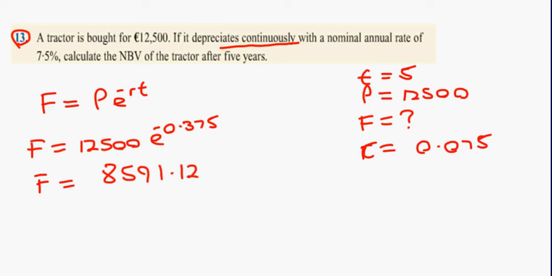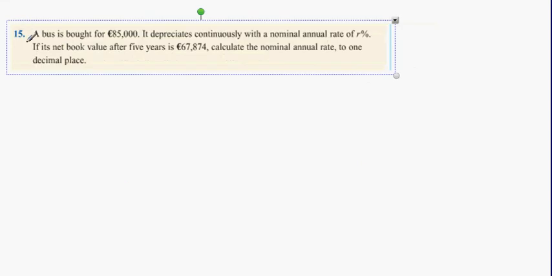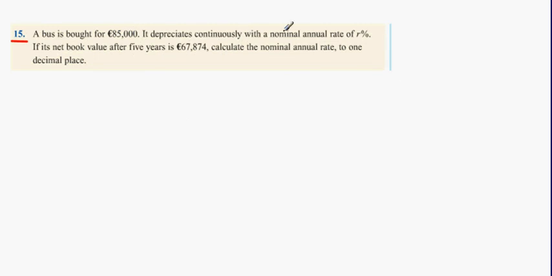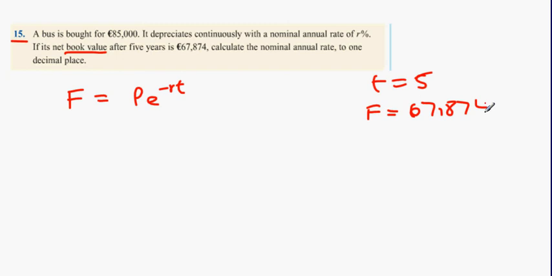Now finally, number 15. A bus is bought for €85,000. It depreciates continuously. So F equals P e to the power of minus RT. If its net book value after 5 years, so T equals 5, F equals 67,874. Calculate R. We want to find out what R is, and we know that F is 67,874.